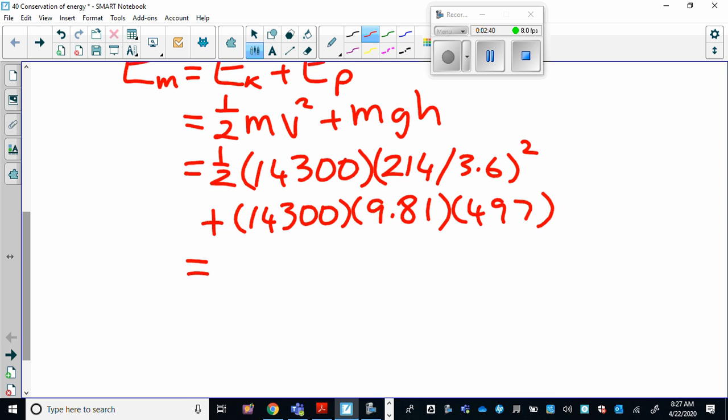Plug that into your calculator, and you're going to get 0.5 times 14,300 times bracket 214 divided by 3.6 and the bracket squared, plus 14,300 times 9.81 times 497.